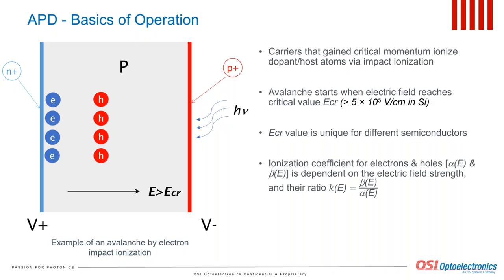The ionization coefficients alpha for electrons and beta for holes depend on the electric field strength, as well as the ratio k. Depending on the semiconductor material, either electrons or holes or both types of carriers can create the avalanche. The example on this slide is where the avalanche is started by electron impact ionization.